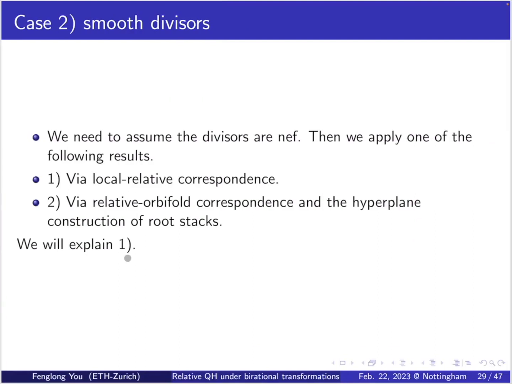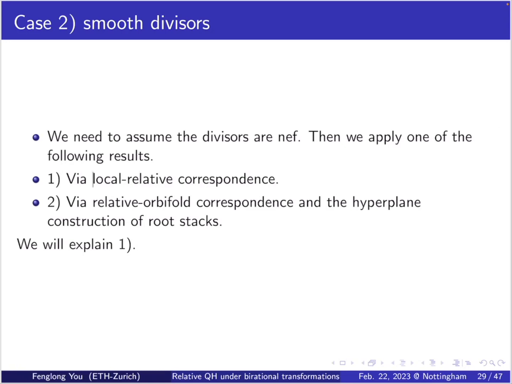And that's the case when we have simple normal crossing divisors. But we can also have two smooth divisors. We can take some smooth divisors such that we have the K-equivalence relation. To study that, one can use one of these two results called the local-relative correspondence or the relative-orbifold correspondence. I will just talk about the first one.